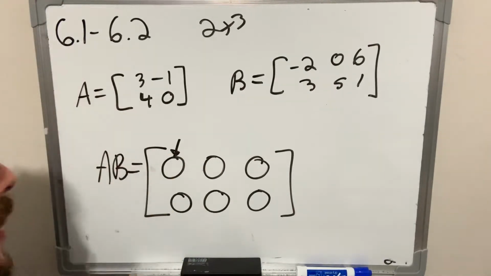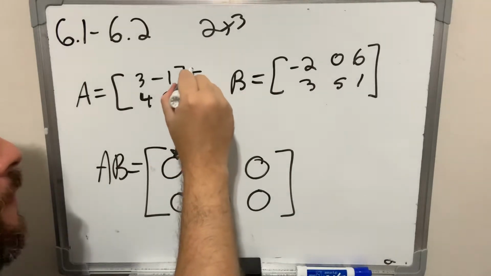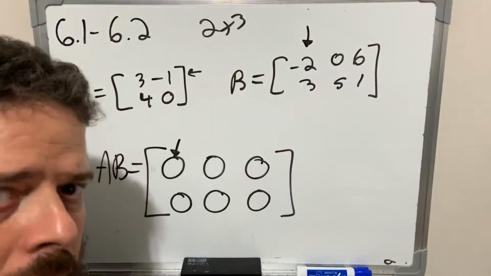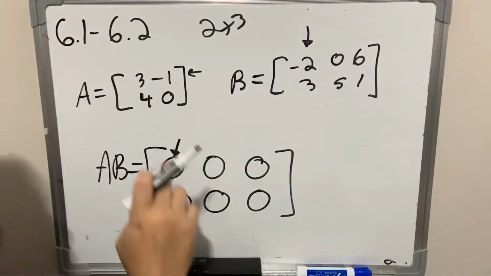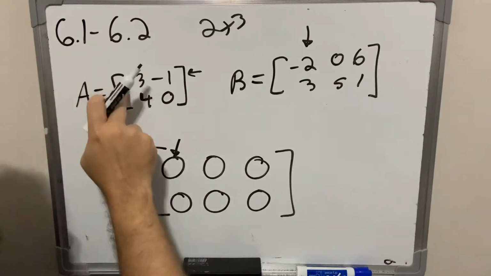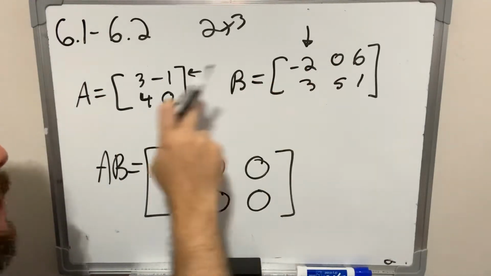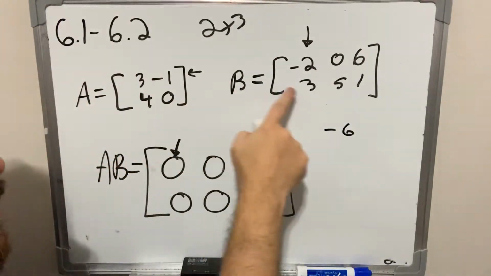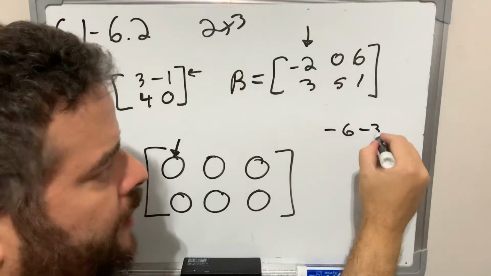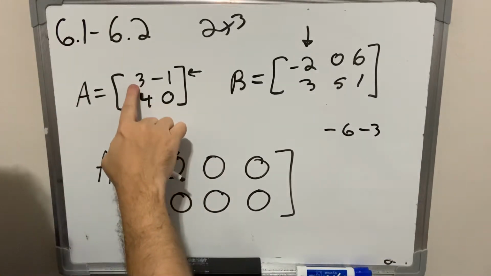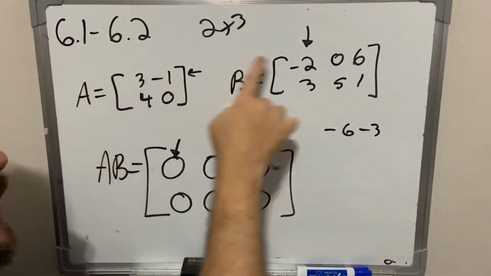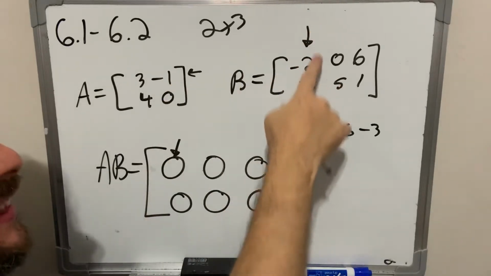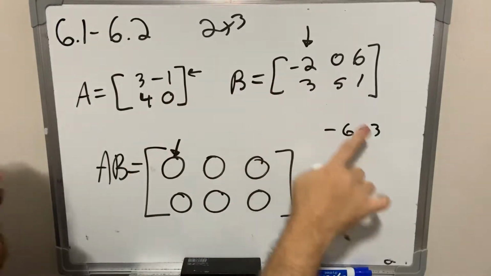I take the first row of the first matrix and the first column of the second matrix, and I multiply the elements from left to right and from top to bottom. So 3 times -2 is -6, and -1 times 3 is -3. Again, the first element of the row and the first element of the column: 3 times -2, -6. The second element of the row and the second element of the column: -1 times 3, -3.